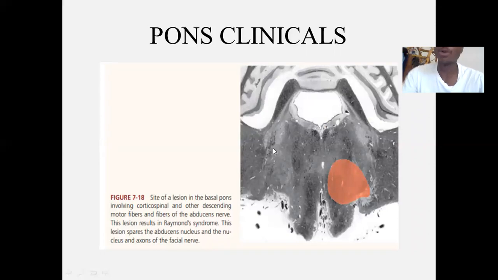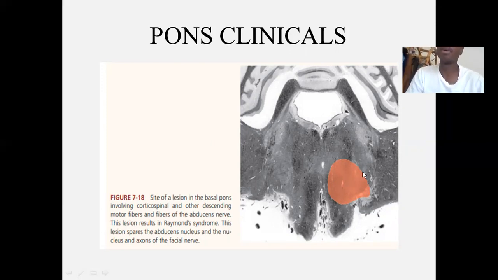Then for clinicals now associated with the pons, right? You're going to have lesions maybe on the ventral aspect and lesions on the dorsal aspect, right? So this lesion that is going to be in this region is known as Raymond's syndrome. It's a ventral pointing syndrome.